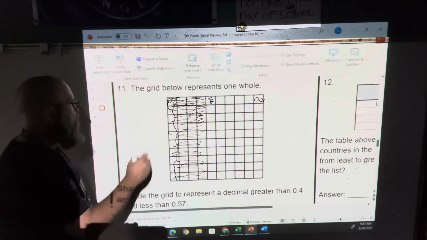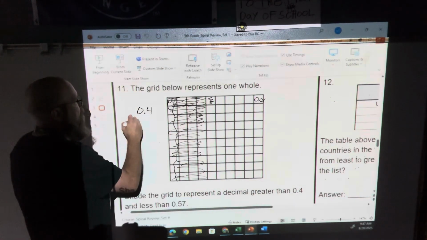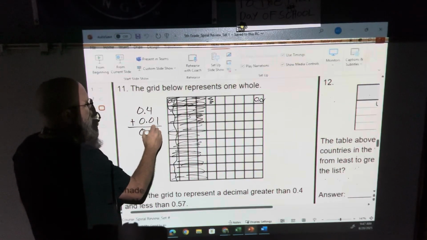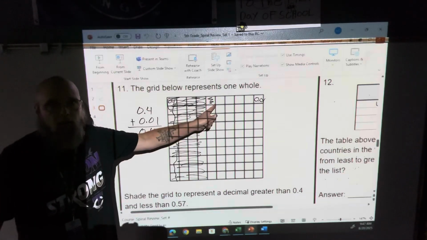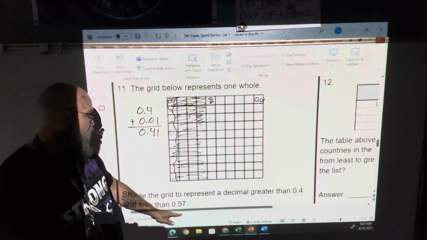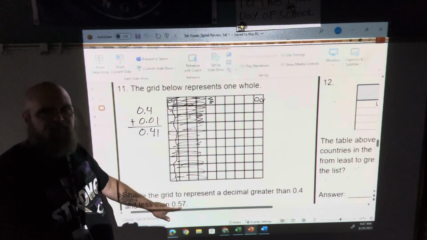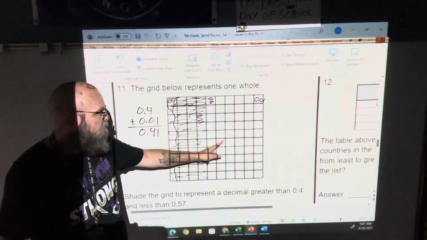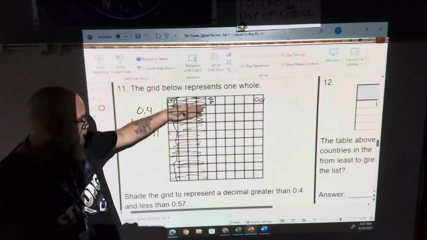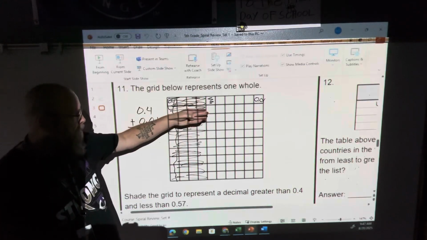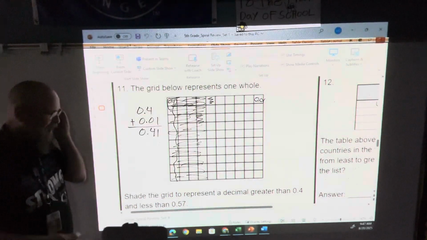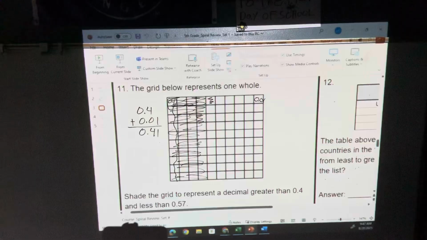So 4/10 plus 1/100th gives us 41/100. But it's got to be less than 57 of these little squares. So you have to color in more than 40 of the little squares, or 4 columns, but less than 57 of the little squares. Anything between that would work, and you'd be brilliant.